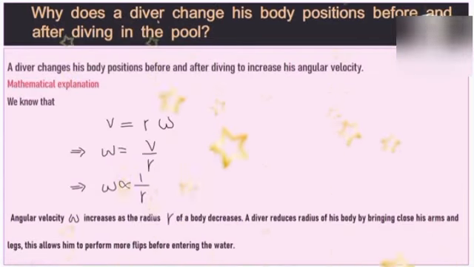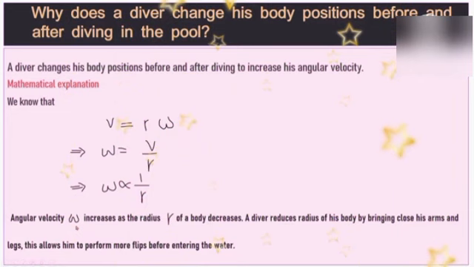Why does a diver change his body positions before and after diving in the pool? A diver changes his body positions before and after diving to increase his angular velocity. We know that v is equal to r into omega, which implies that angular velocity is inversely proportional to radius.